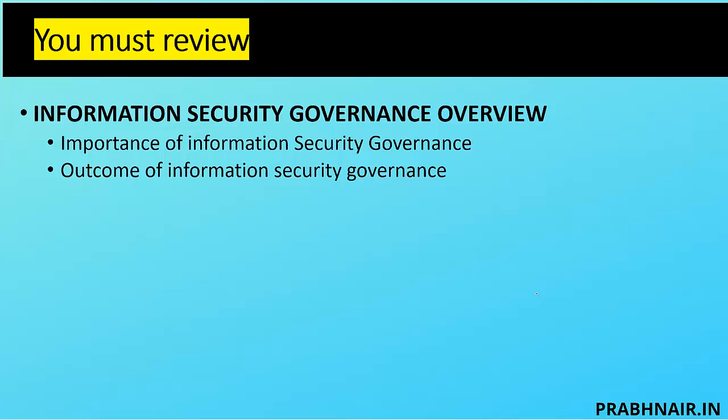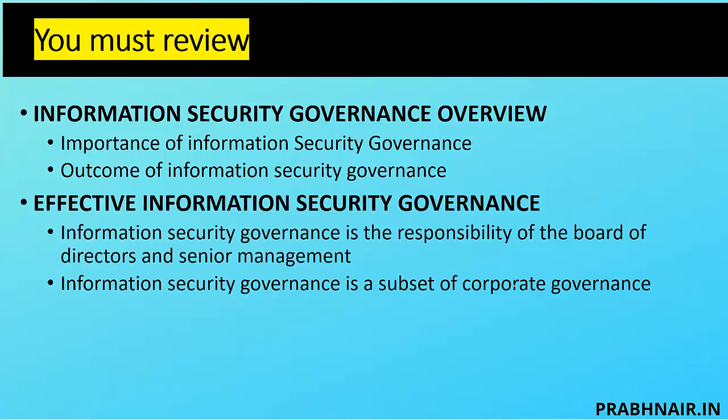The objective is to develop, implement, and manage the security program. Effective information security governance is the responsibility of the board of directors. Always remember, they are accountable and responsible for information security governance, and it is a subset of corporate governance.